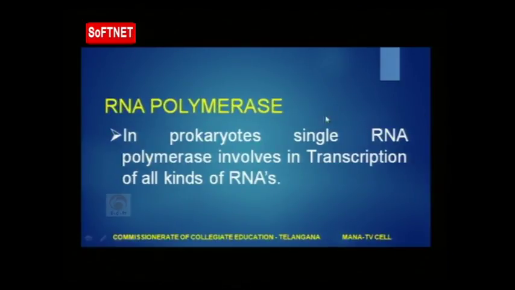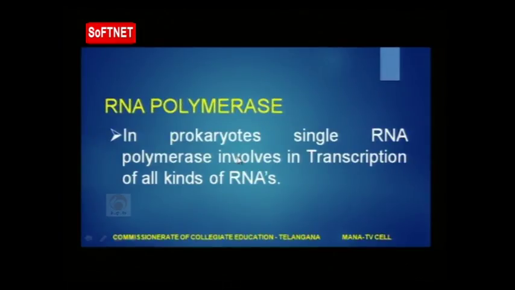So this means that the single RNA polymerase enzyme is involved in the synthesis of rRNAs, tRNAs and mRNAs. All these kinds of RNAs involved in protein synthesis are synthesized by the single RNA polymerase enzyme. And this particular transcription process is called a de novo process.